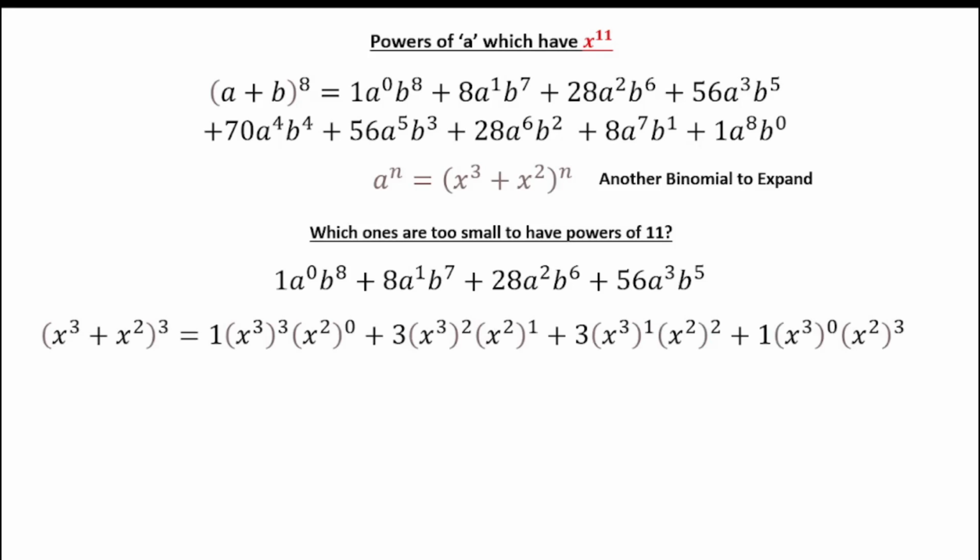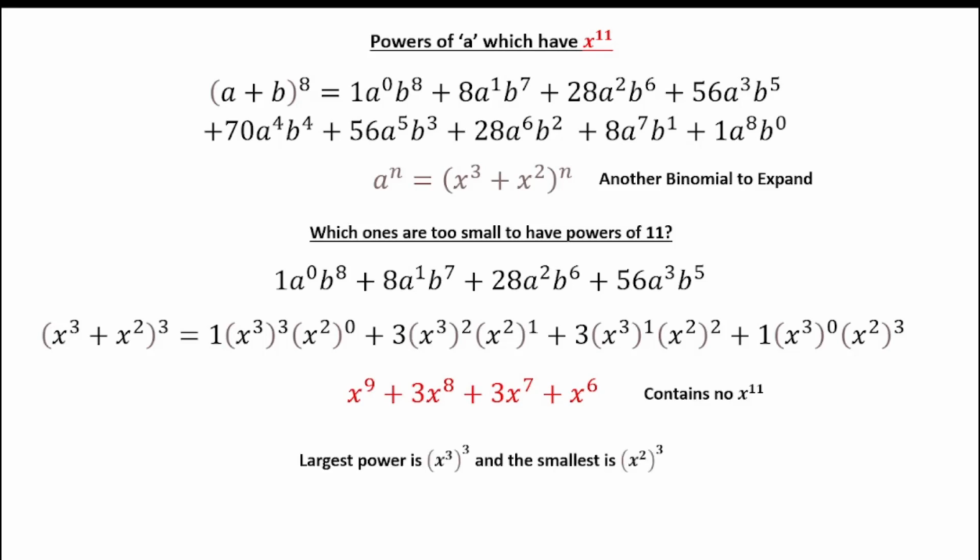So I'm going to expand (x cubed plus x squared) to the power of 3 quickly. And there is the full expansion, and the more simplified one is here: x to the power of 9 plus 3x to the 8 plus 3x to the 7 plus x to the 6. So why doesn't this one have a power of 11?